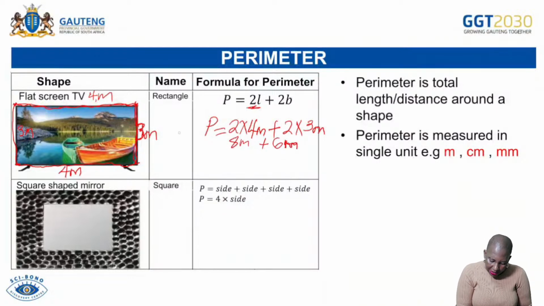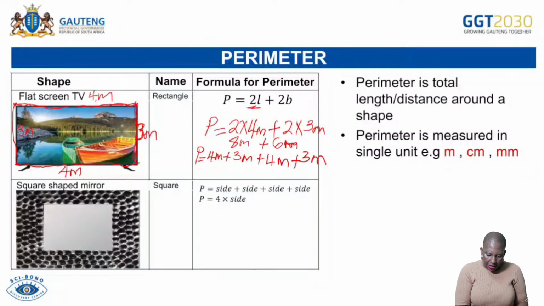In a practical, easier way, I can simply say the perimeter is equal to 4 meters plus 3 meters plus 4 meters plus 3 meters. How much do I get? It will be 8 plus 6.